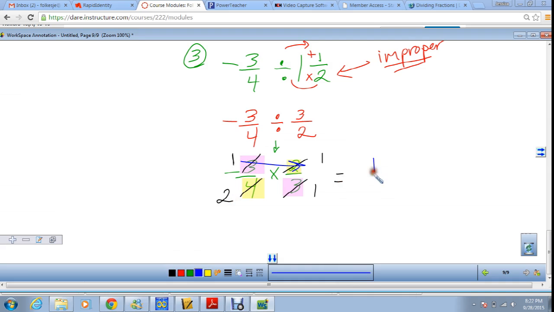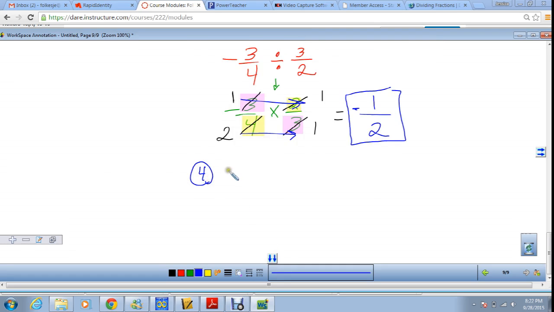Numerator times numerator, 1 times 1 is 1. 2 times 1 is 2. Now, look back. We have a negative divided by a positive, different signs, so my answer has to be -1/2. Double check that your answer is in simplest form, because you always want it simplified.